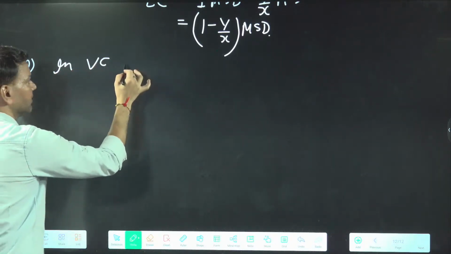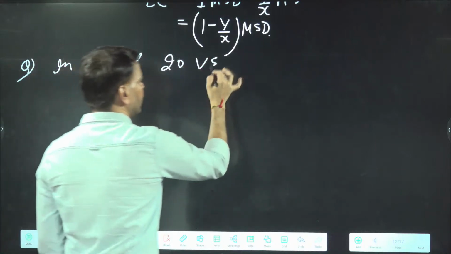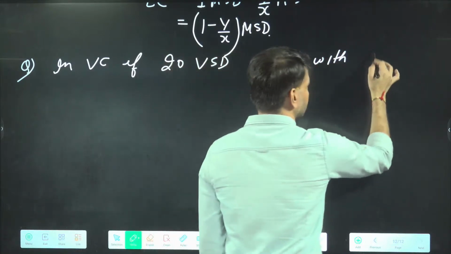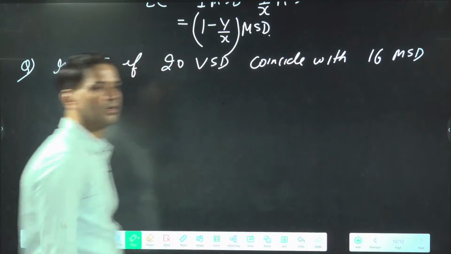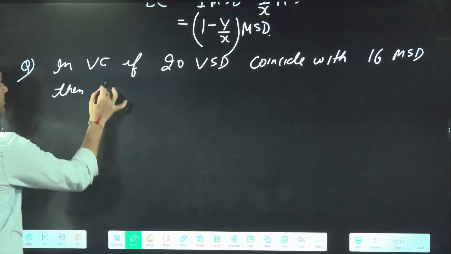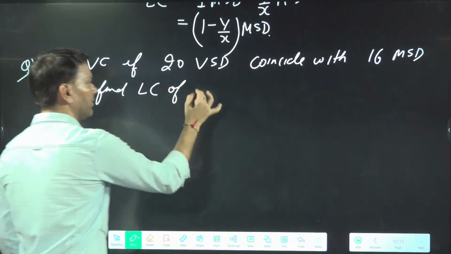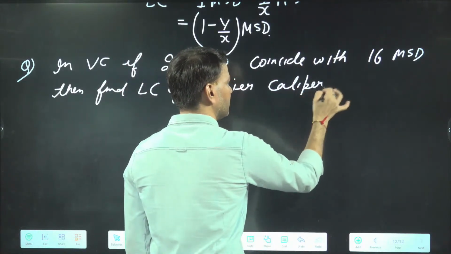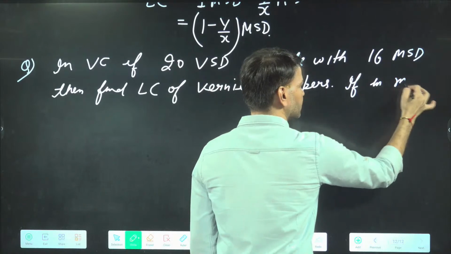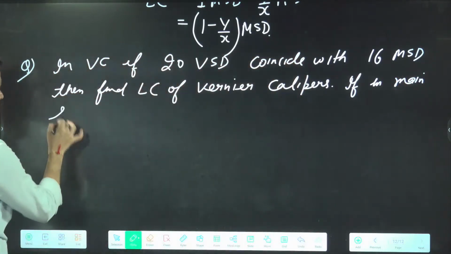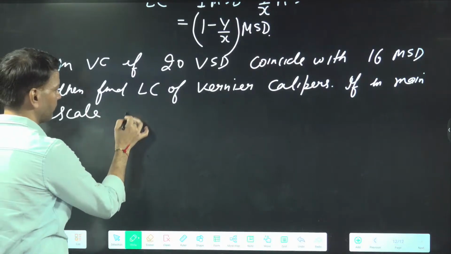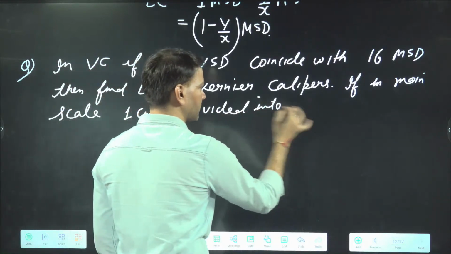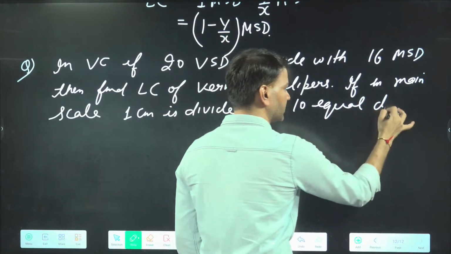In Vernier calipers, if 20 Vernier scale divisions coincide with 16 main scale divisions, then find the least count of the Vernier calipers if in the main scale one centimeter is divided into 10 equal divisions.